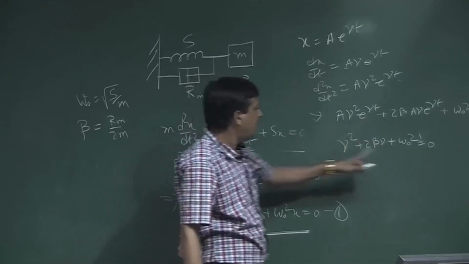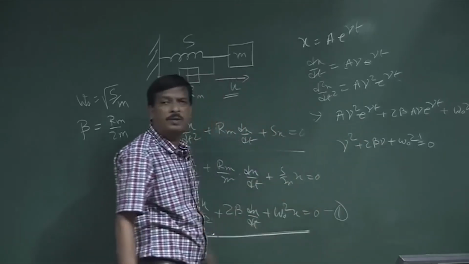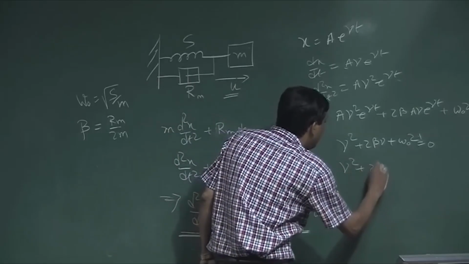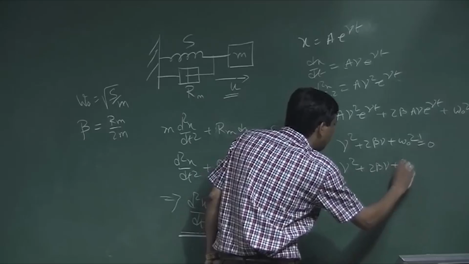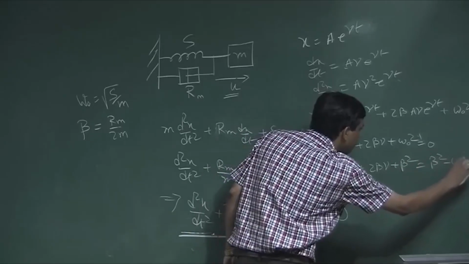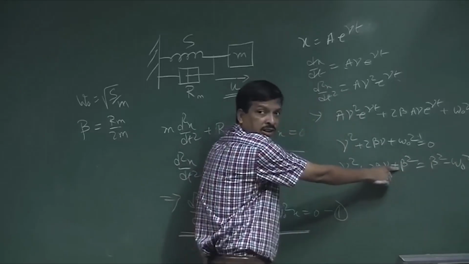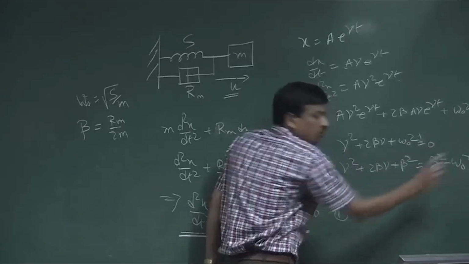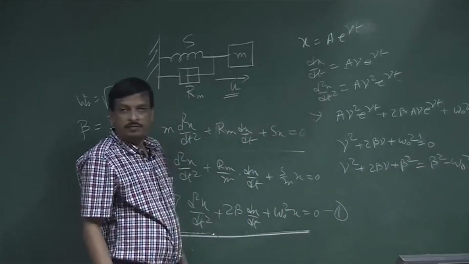Okay. So if this term is 0, what is the solution for gamma? I can write gamma square plus 2 beta gamma plus beta square is equal to beta square minus omega 0 square. I add beta square on this side, and omega 0 square goes to the other side with a minus sign.